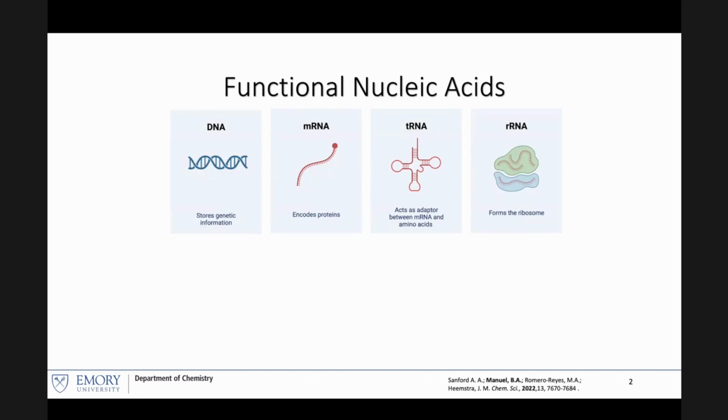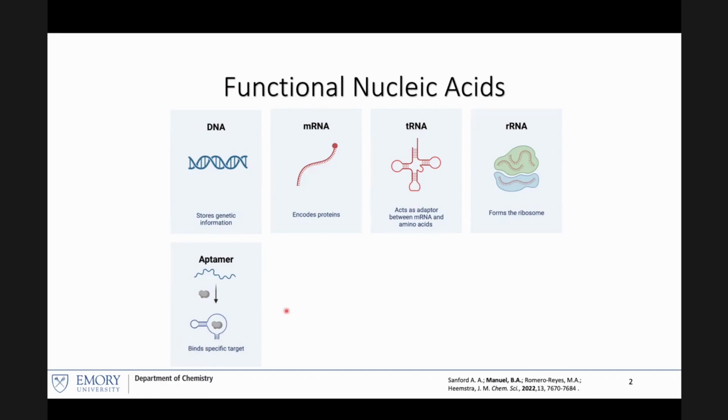But we get a little bit deeper in the sciences, and we have functional nucleic acids, which are nucleic acids that can do more than their typical biological functions that we know them to be. Specifically, we have aptamers, and aptamers are simply single-stranded nucleic acids, DNA or RNA, that want to bind a specific target. For example, if we have an aptamer for caffeine, and caffeine is this target here in gray, and I'm actually going to use my laser pointer, this target here in gray is going to specifically bind that caffeine.